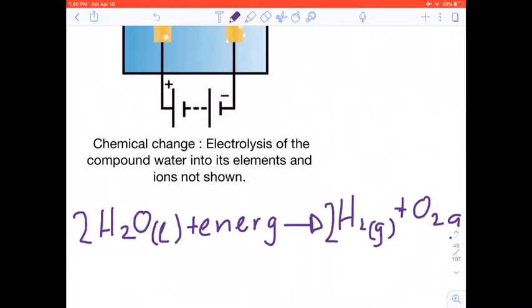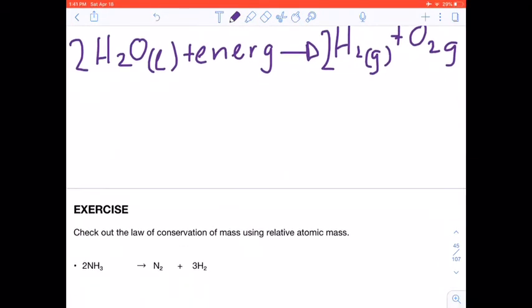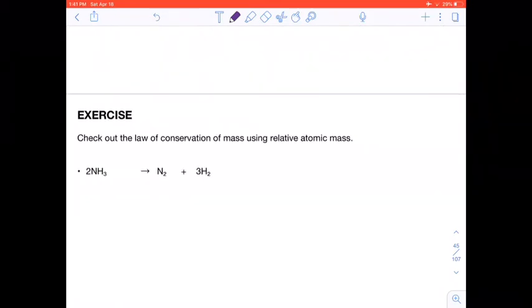If we look on the right, we have 2 oxygens on the right, and we have 2 oxygens on the left. So there we have that particular reaction given symbolically, right?